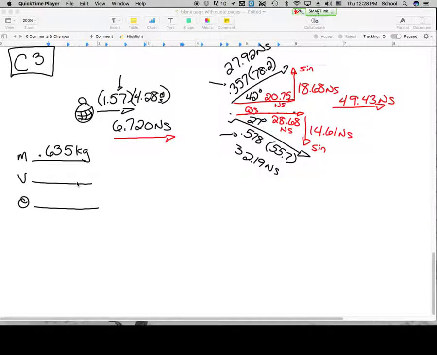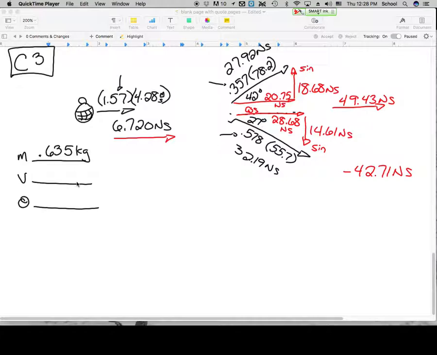Clearly, what direction does the third chunk have to be flying? The other direction. So we say, what adds up to 49.43 to give me 6.72? We get 6.72 minus the 49.43. So we are missing negative 42.71 Newton seconds of momentum over here. And again, negative momentum just means it's flying the opposite direction.